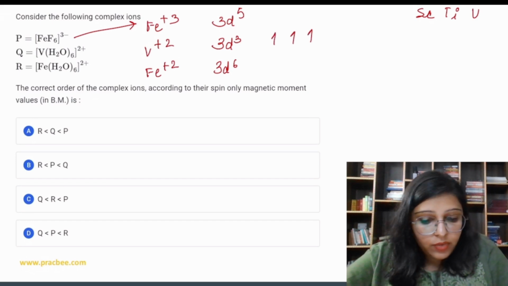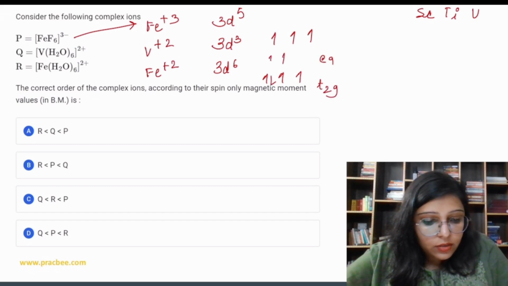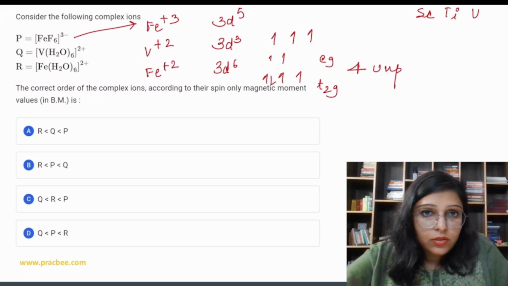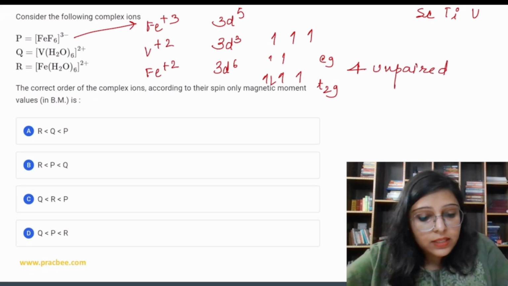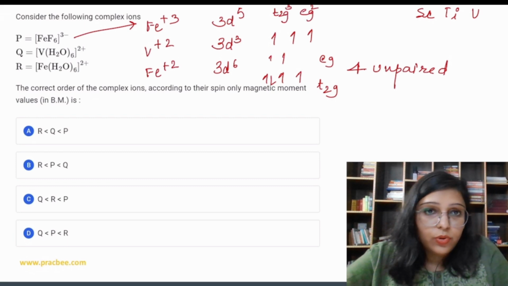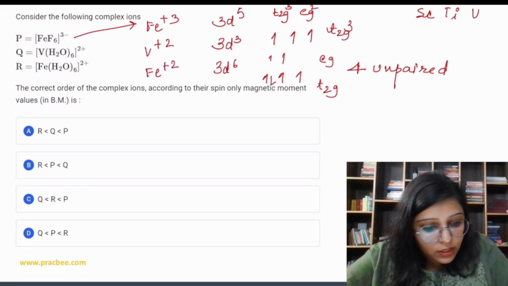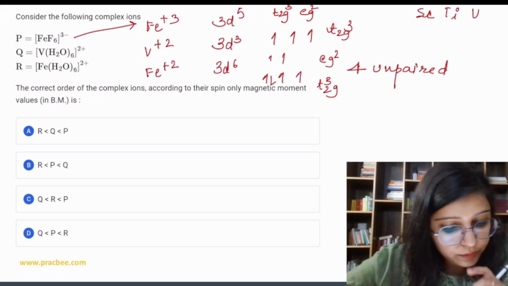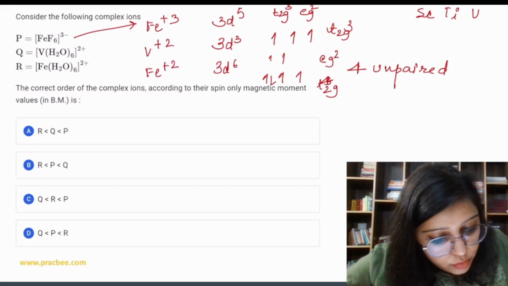In Fe plus 2 we have 1, 2, 3 in T2g, then 4, 5, 6. Right? So we have 4 unpaired electrons. Now in Fe plus 3, 3d5, T2g3 and eg2. Here we have only T2g3. Here we have T2g3 and eg2. T2g4 and eg2 here.